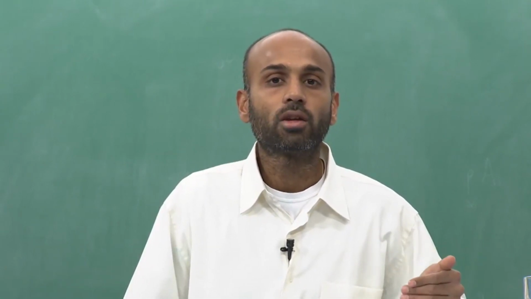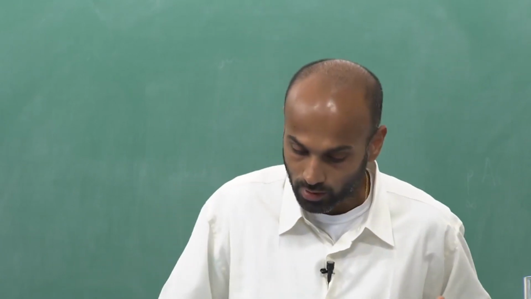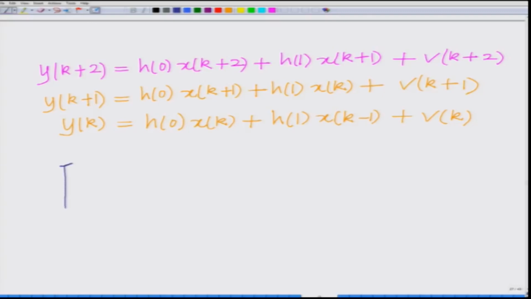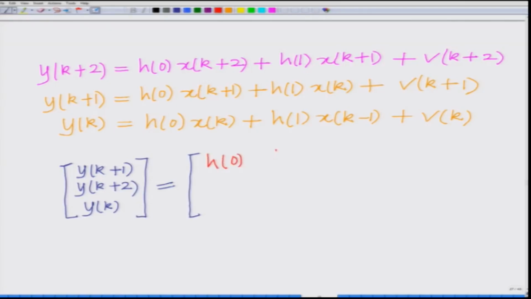Now, we are going to write these yk plus 2, yk plus 1, yk as a vector. So, once I stack these as a vector, I have yk plus 2, yk plus 1, yk, which is equal to, now you can see this can be written as the matrix with rows h0 h1 0 0, 0 h0 h1 0, 0 0 h0 h1.